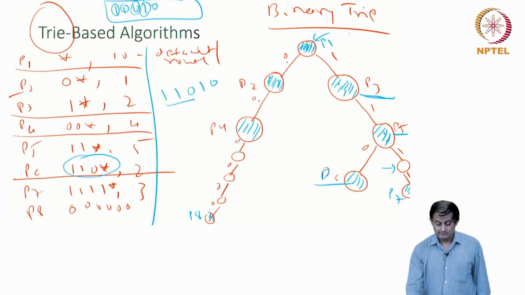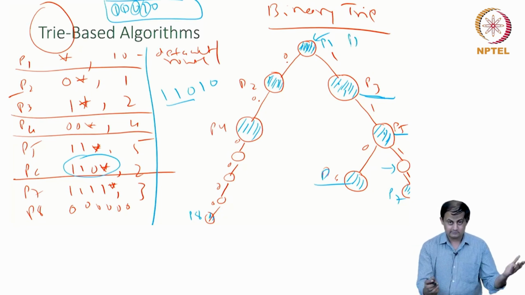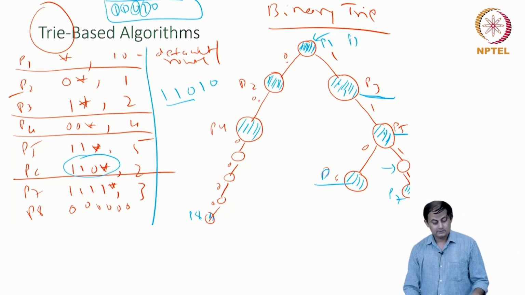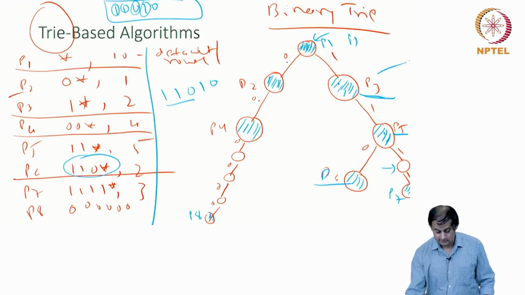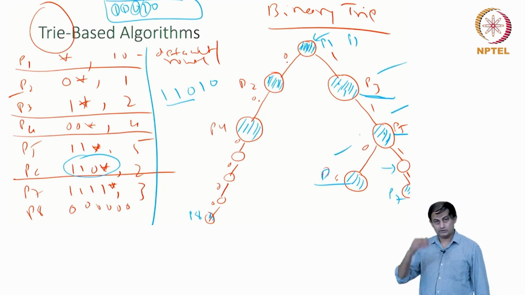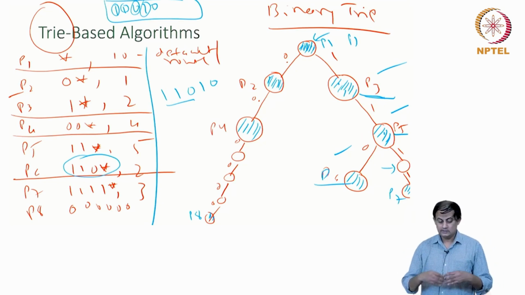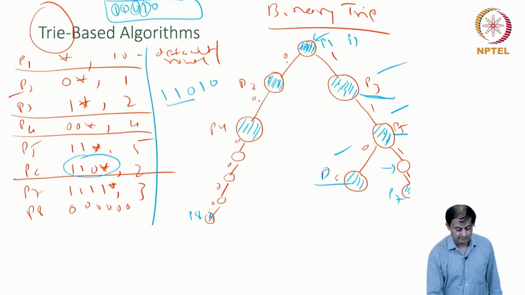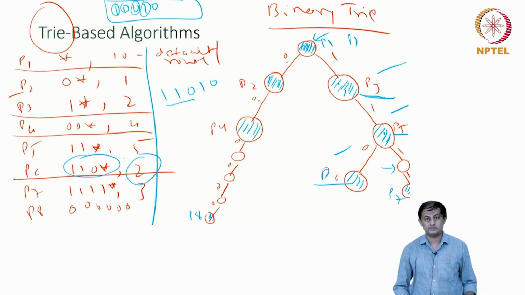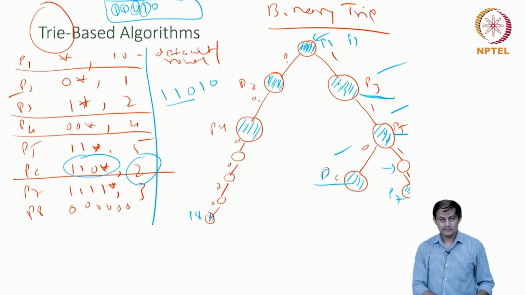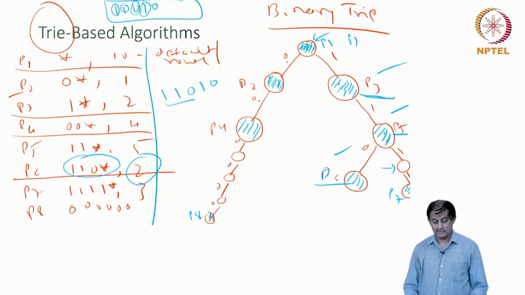Remember, P1 has also matched because the default is also matching. P3 is also matching, P5 is also matching, and so is P6. But out of these, P6 represents the longest prefix. So the routing decision needs to be made by the port number indicated against the P6 prefix. In this case, you need to forward it to port number 2.